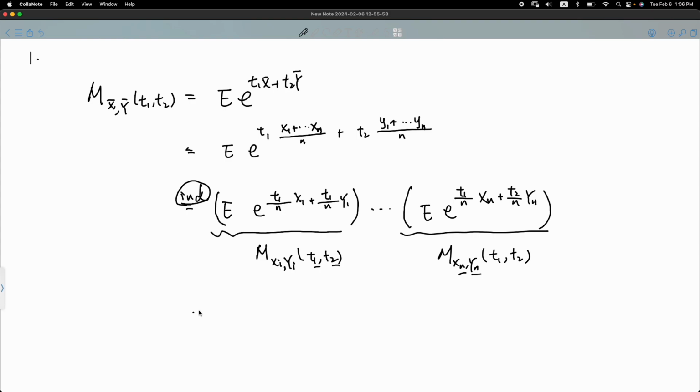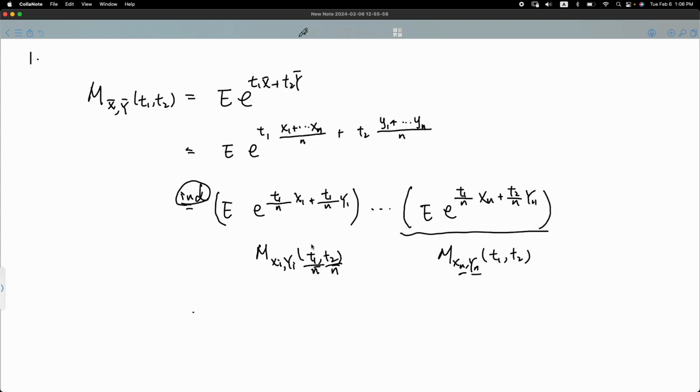Question? Yeah. Should the input be t1 over n and t2 over n? Perfect, yes. If you write t1, then yes, very good point. Here you can also refer to a t1 star, and t1 star is t1 over n. If you want to be precise, yes.